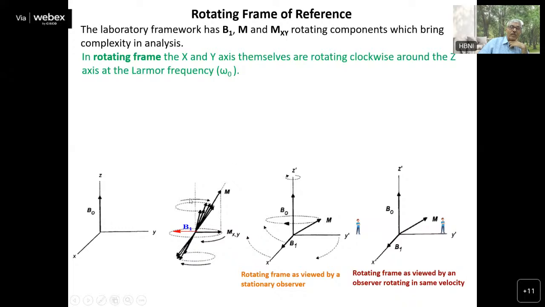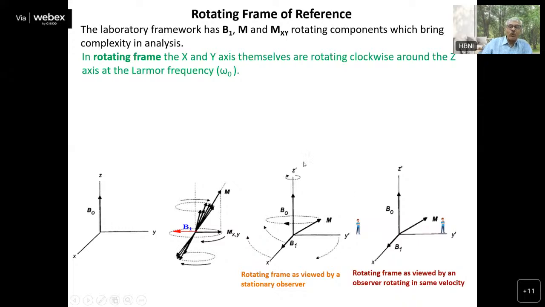So now the X and Y axes are rotating at the same frequency as the nucleus. If you do that, you will see that M becomes stationary, B1 also becomes stationary, and MXY also becomes stationary.